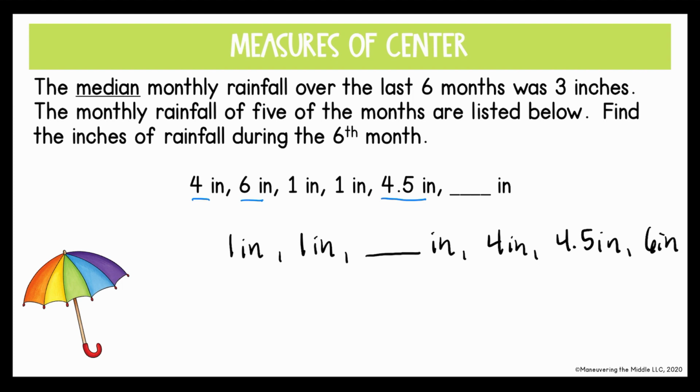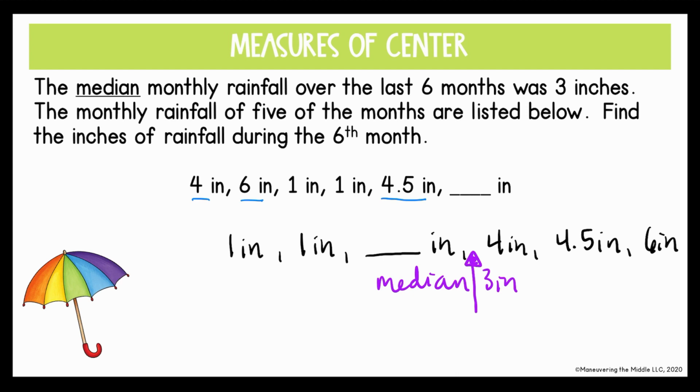And I know that that median of 3 has to be between the 1 and the 4. So my median is going to be somewhere right here. Since I have 6 pieces of data, it's actually specifically going to be right here. So I'm trying to find the median, or the average, that is 3 between this missing number and 4.